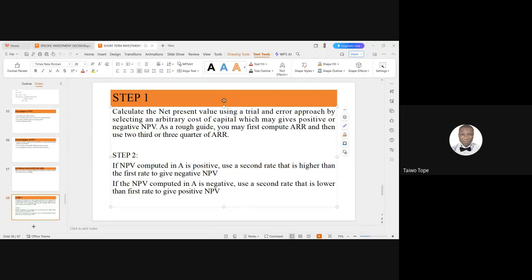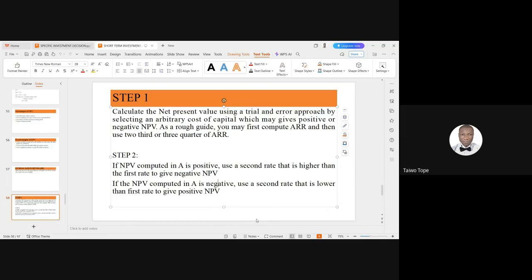That means it recognizes inflation, it recognizes deflation, it recognizes the prevailing economic condition associated with money as at a particular point in time. And that is why the issue of discounting sets in. And another advantage we can talk about as it relates to, let me see, I think I have those things here.